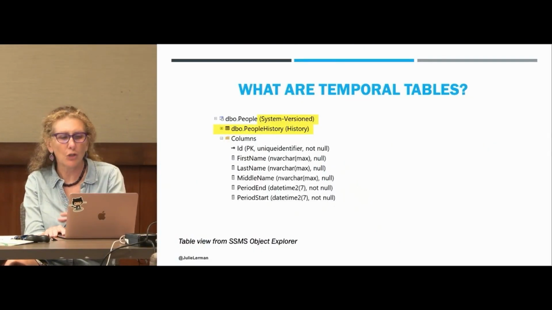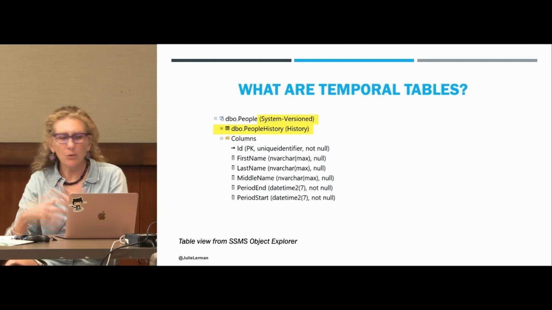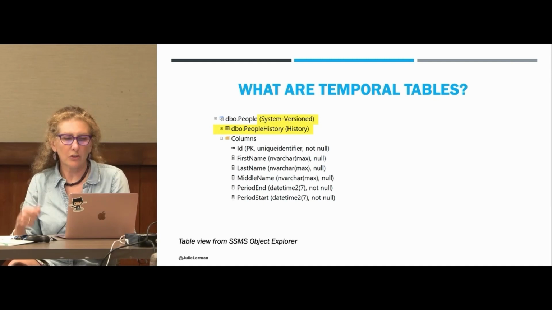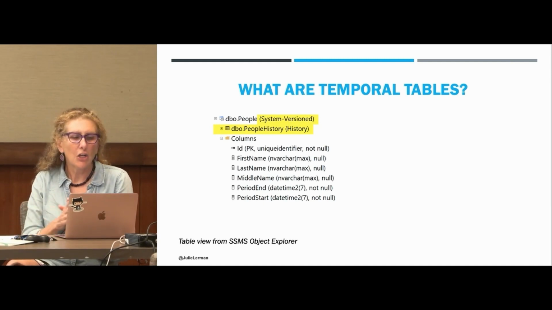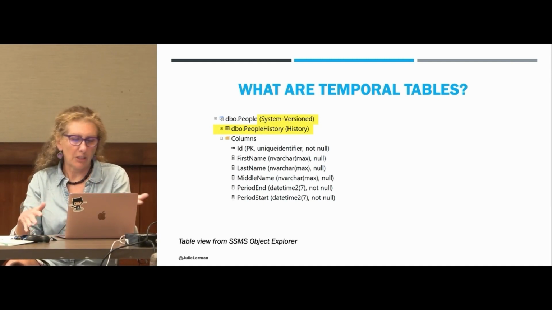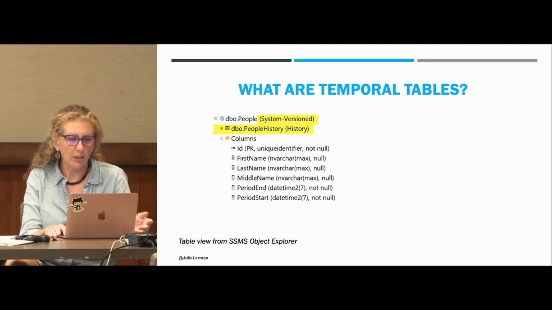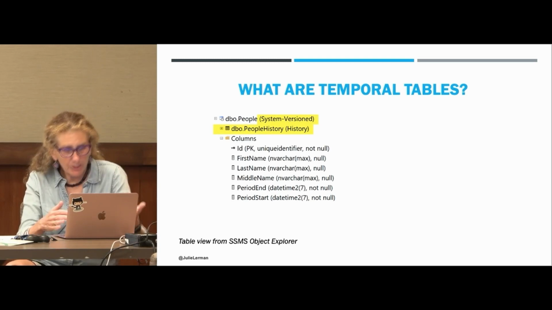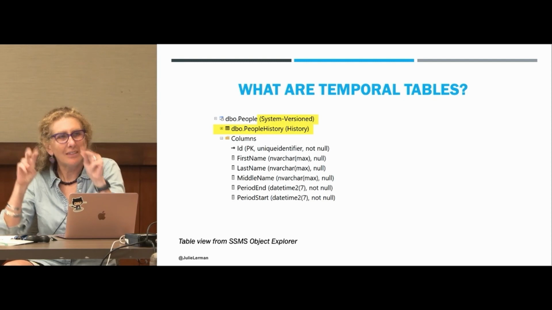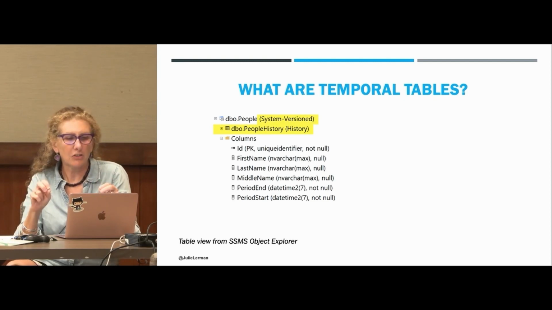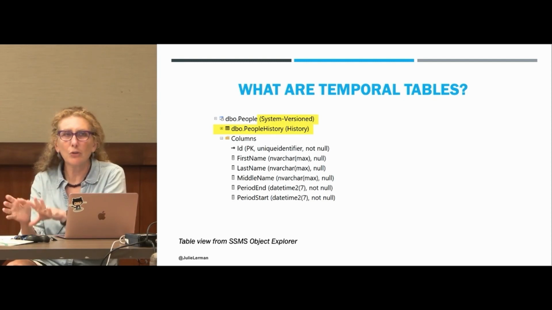For those of you who don't know, it's not a SQL standard, but a lot of SQL databases do this, and SQL Server has its own implementation. This is what it looks like in SQL Server Management Studio. Here's the people table, and within there is a subtable called history. It's a history table. You don't create that table.